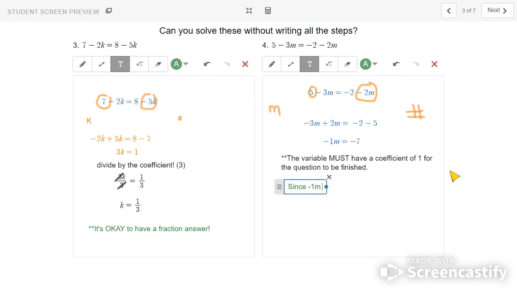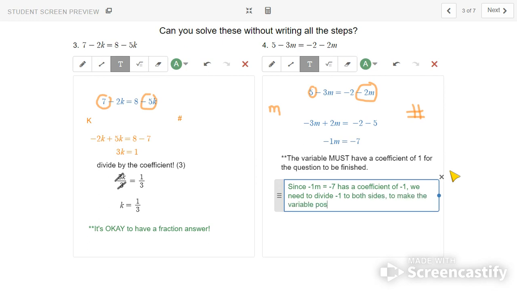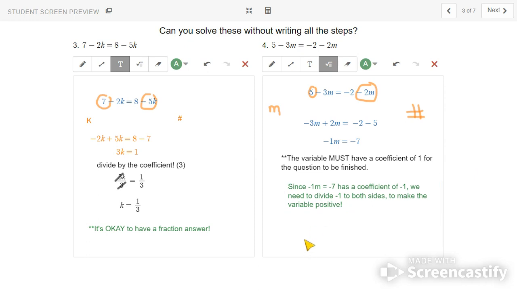Since negative 1m is equal to negative 7, we need to divide by negative 1 on both sides to make the variable positive. So now I have negative 1m divided by negative 1 equals negative 7 divided by negative 1. When we simplify, the two negative 1's divide out, and we have m is equal to positive 7.